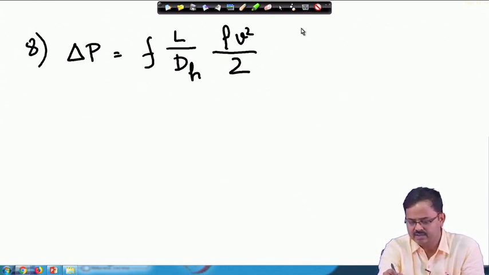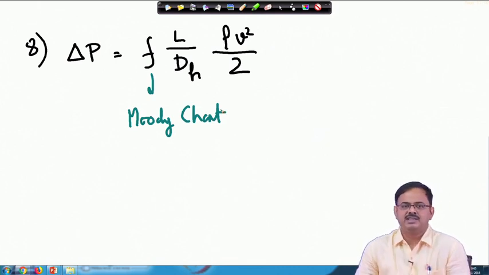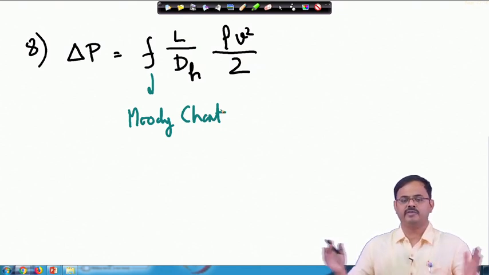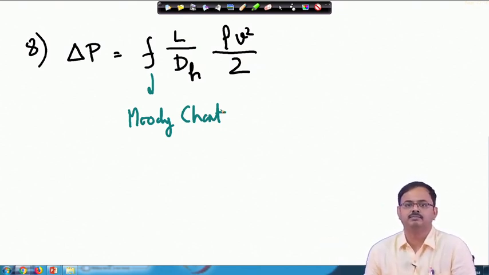So, let us write that. If it is laminar, it is easy, 64 over Reynolds number. If it is turbulent, assume it to be a smooth wall, and then read it out from the Moody chart. L we know, 150 mm, d_H we have calculated, rho V squared by 2, everything is known.